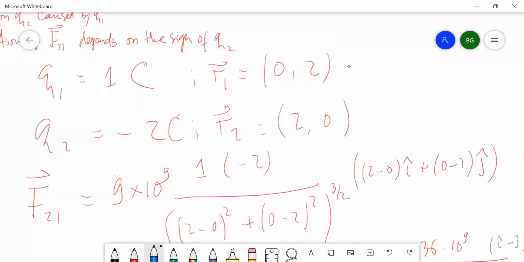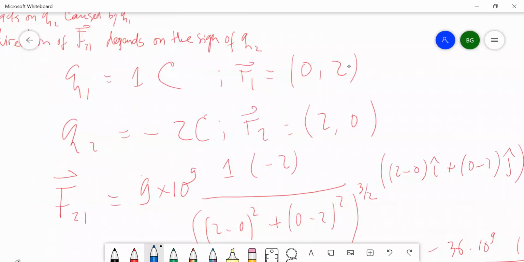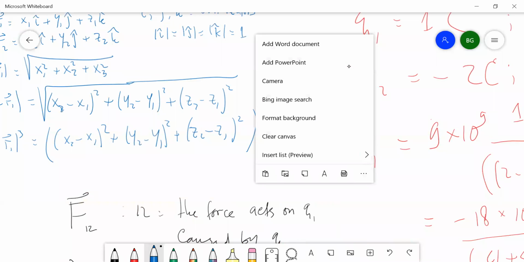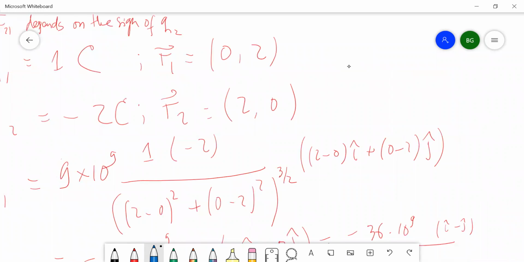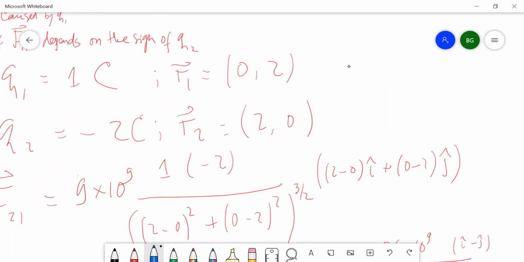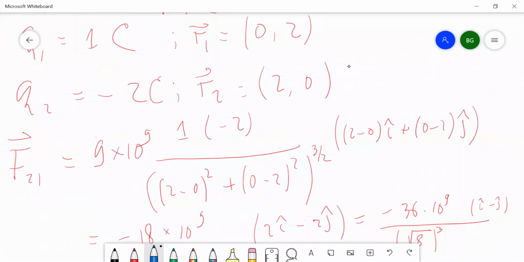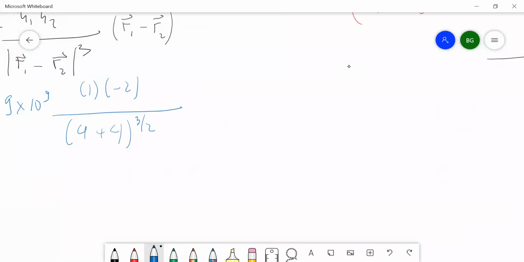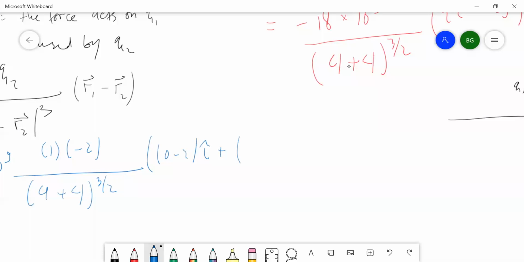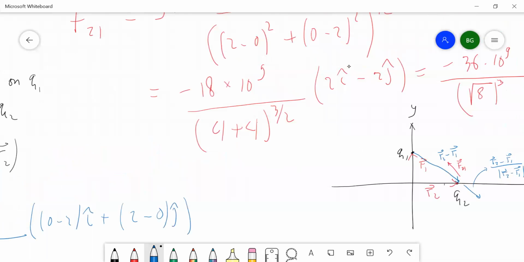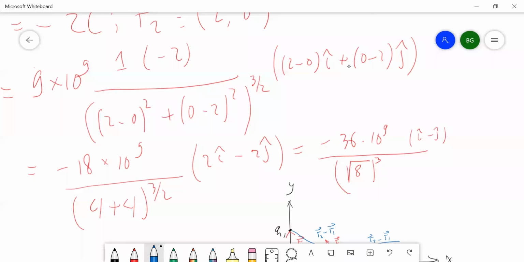R1 minus R2 is 0 minus 2 i plus 2 minus 0 j, right?